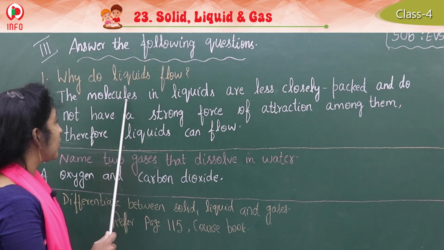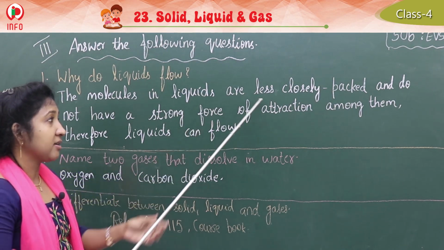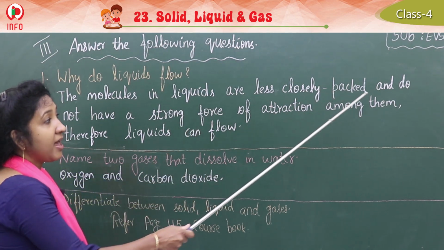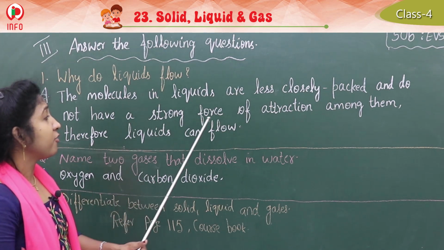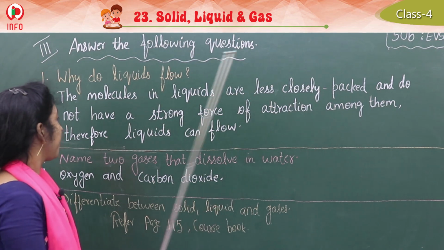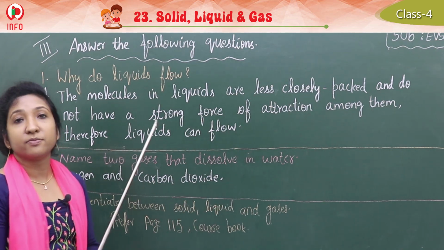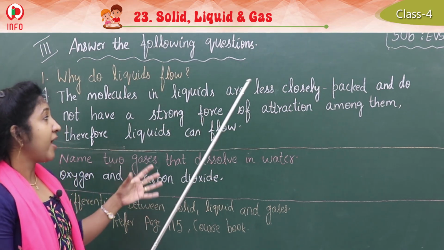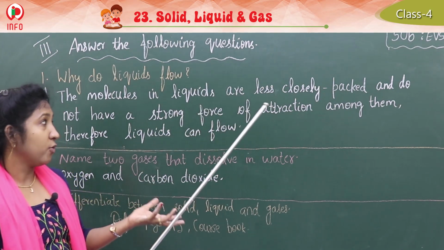Answer: the molecules in liquids are less closely packed and do not have a strong force of attraction among them. Therefore, liquids can flow. Because they don't have such strong force of attraction, they flow.